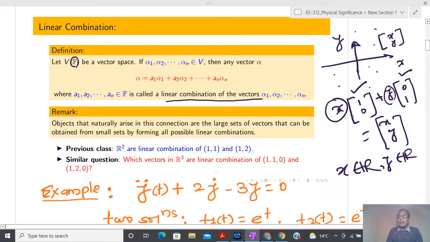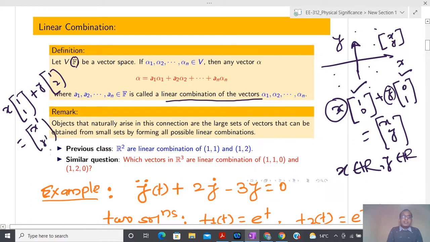This is not the only way to represent the linear combination of some element x and y. It is possible to show that even if you select (1, 1) and (1, 2), as I told you in the previous lecture, again I am able to generate any element x and y, here with x dash and y dash.